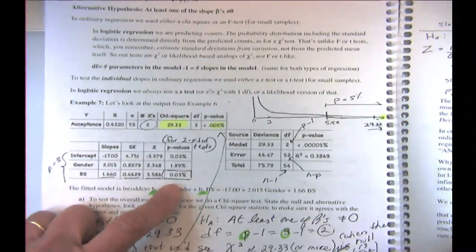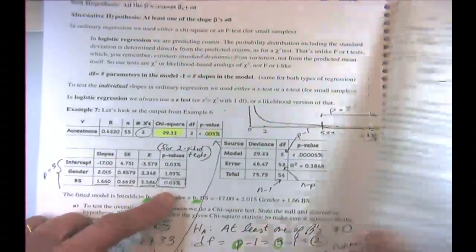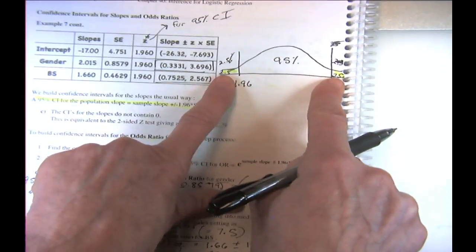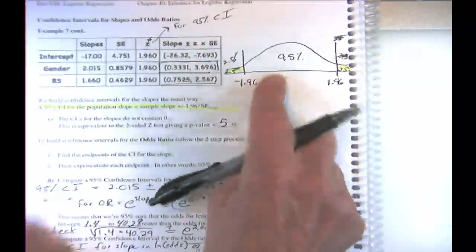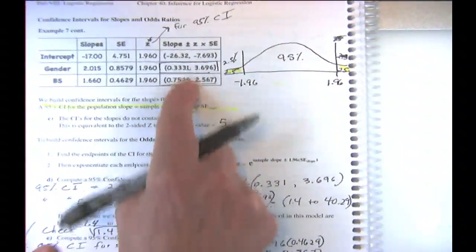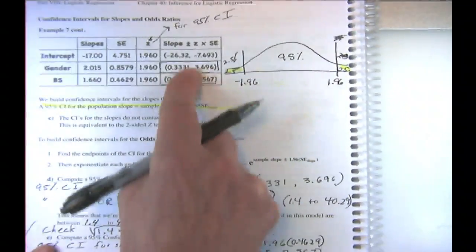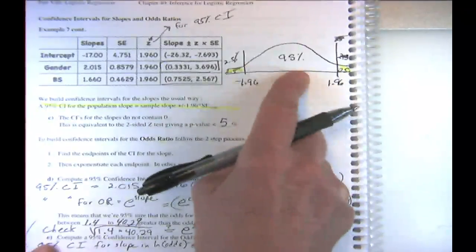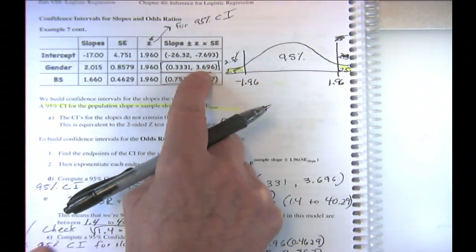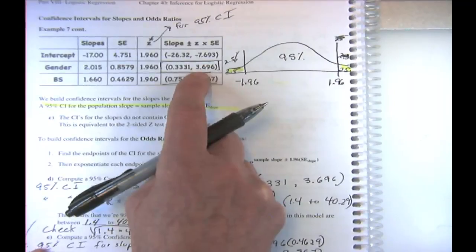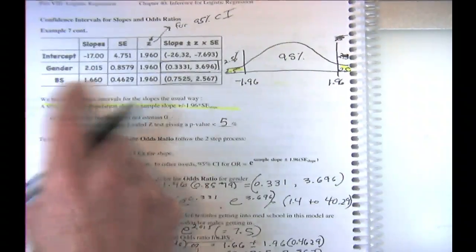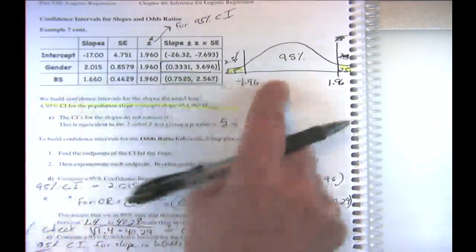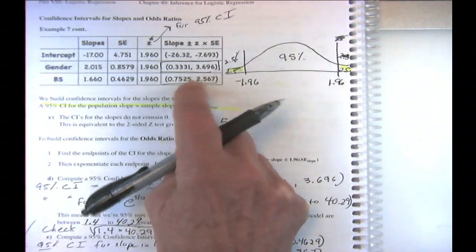That agrees with this. If our p-value is less than 5%, by definition, it means that for a two-sided t-test, it translates into a 95% confidence interval that doesn't include 0. The null was that these slopes were 0. We're rejecting that. So our 95% confidence interval does not include 0, because the null was that these betas were 0, and we're saying no, they're not.